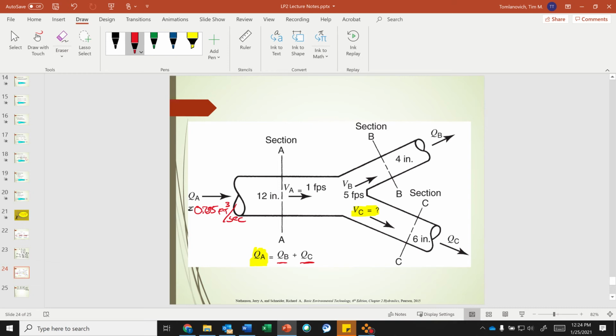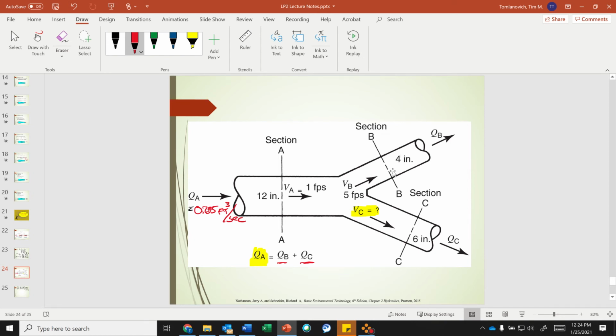So now, what do we do? We know the velocity and the diameter here.